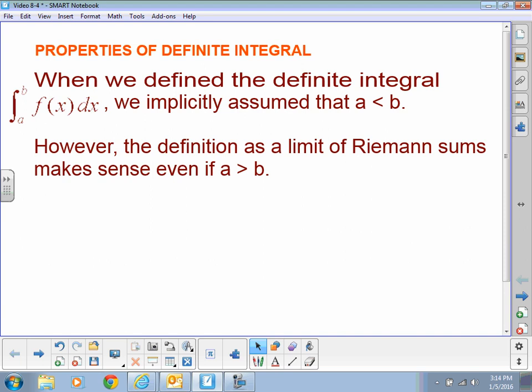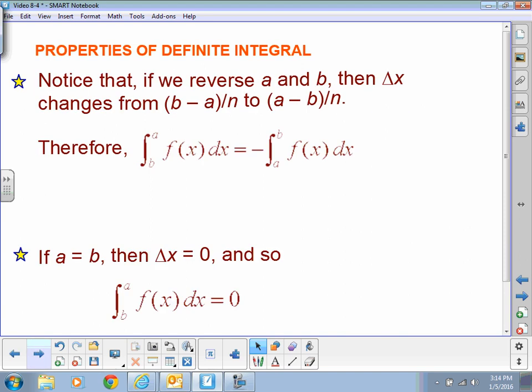When we had initially defined our definite integral, we assumed that a was less than b. However, we can still see what it would give us if a is actually greater than b. When a was less than b, we did b minus a over n to get the width of our rectangles.